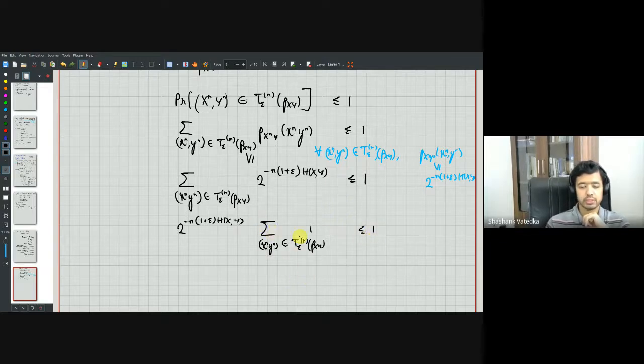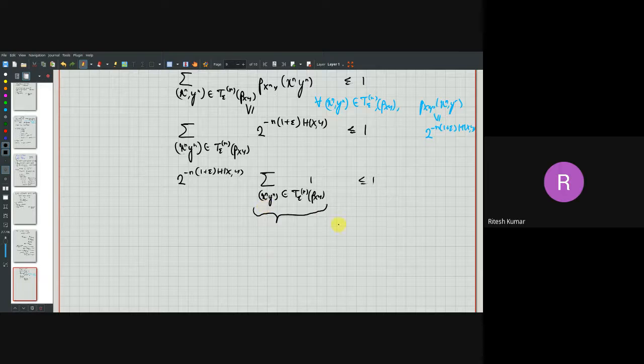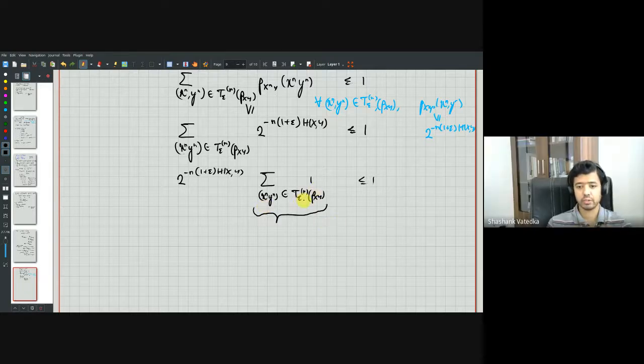But what is this term equal to? So this is summation over all possible pairs x^n, y^n in the typical set of 1. What is this exactly equal to? It's just the size of the typical set T_epsilon, right? You're taking 1 for every pair of elements in the typical set.